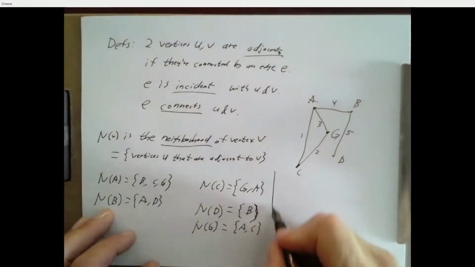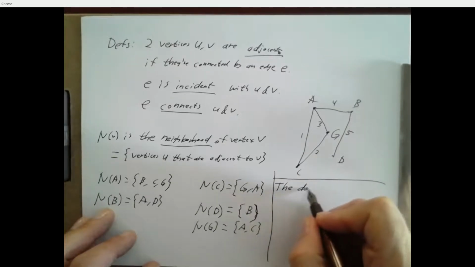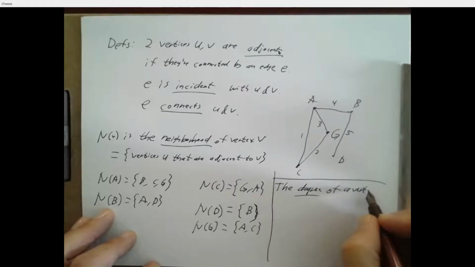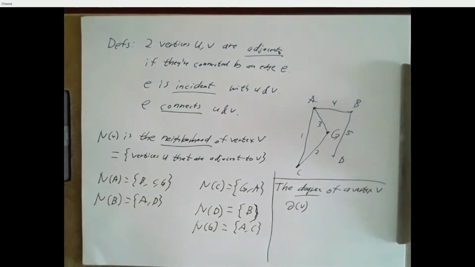All right, so the degree of a vertex V, and we write it with a little hunchback d for degree.